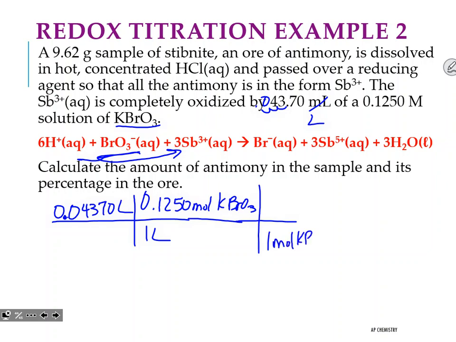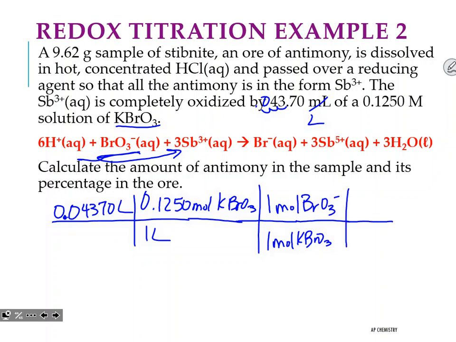So, moles of KBrO3 equals 1 mole BrO3. I always write this step in here because it's not always 1-to-1, so you need to always make sure you write that in there.